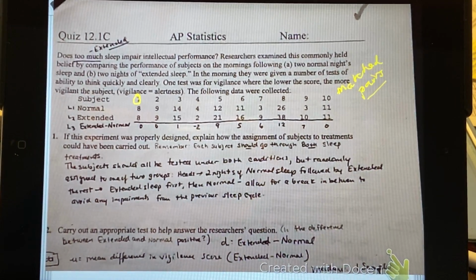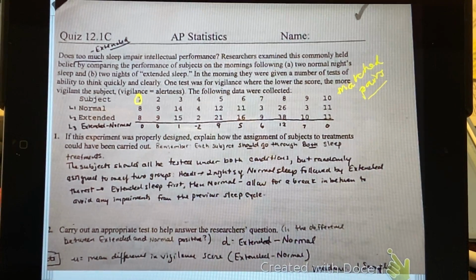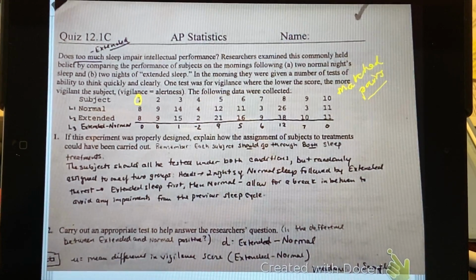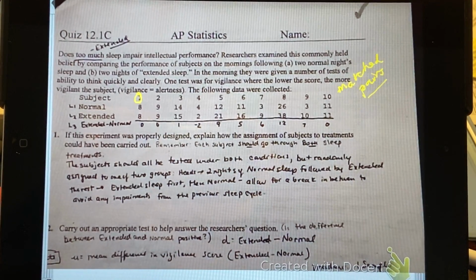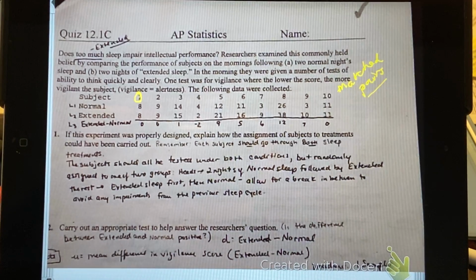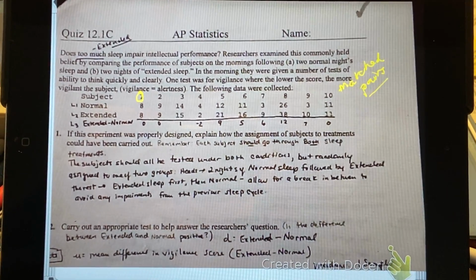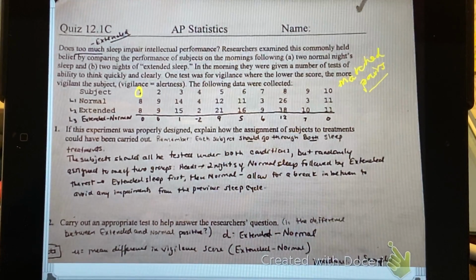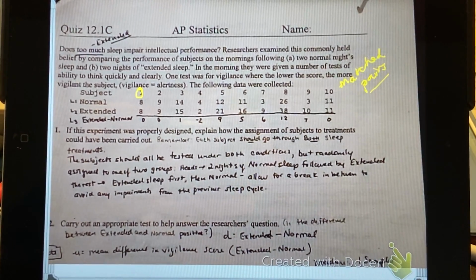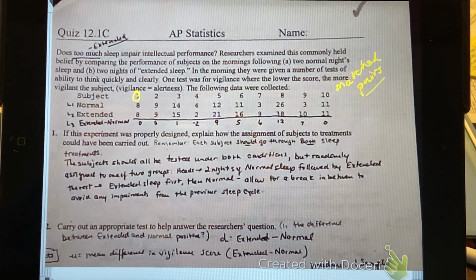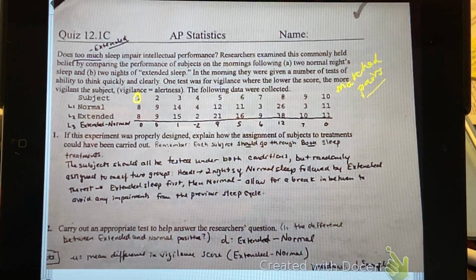And so similar to what we talked about in confidence intervals, I want to know, did the difference make a difference? Does that make sense? And so here, we just want to know, does extended sleep play a role?